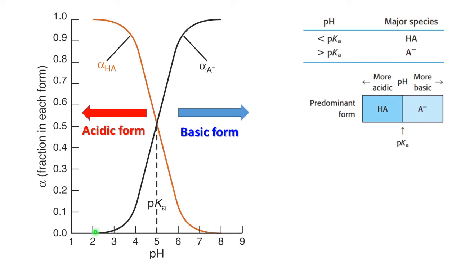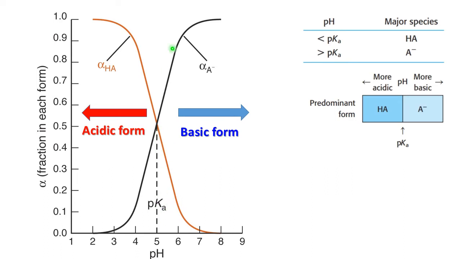You can draw the same thing here, looking at a chart showing the pK for this particular acid at pH 5. So at pK 5, you have 50-50 equal concentrations of acidic and basic form.